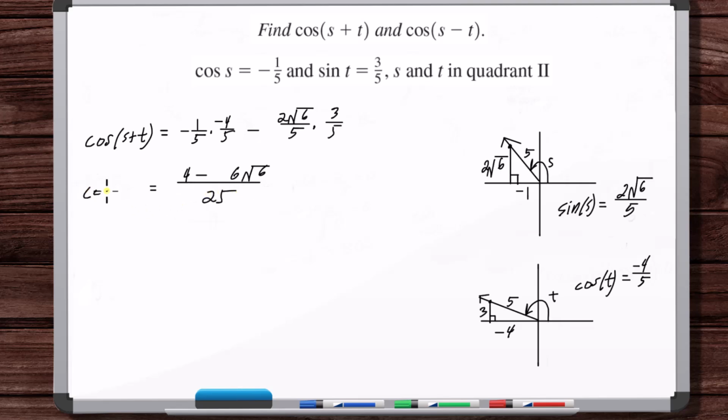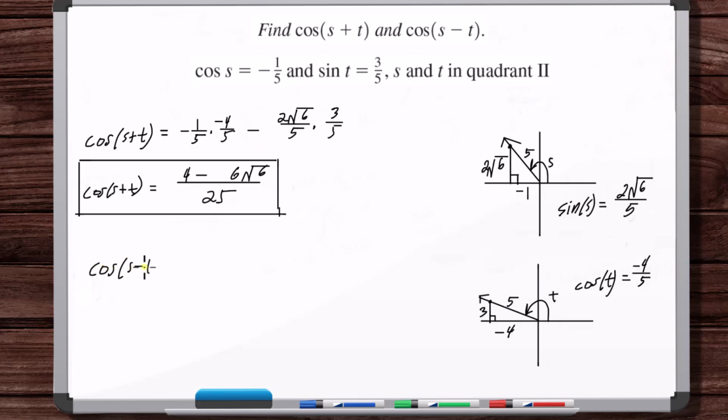And that is cosine of S plus T. All right, now cosine of S minus T is just going to be the same thing, just this will be plus. So we can write this as, no, it would be 4 plus 6 root 6 divided by 25.